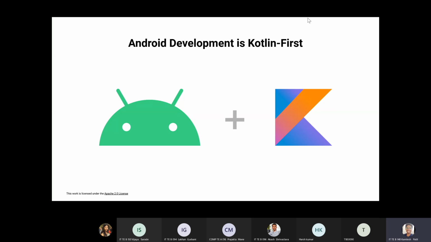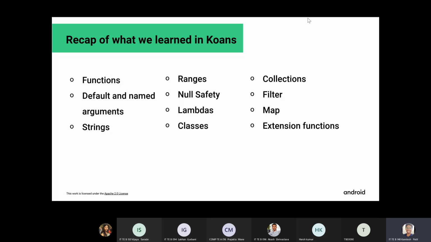To further their commitment, Google and JetBrains formed the Kotlin Foundation to protect, promote, and advance the Kotlin language. In the last session, Shreyas also told us that 70% of the top 100,000 apps use Kotlin, and most of them are migrating to Kotlin as well.